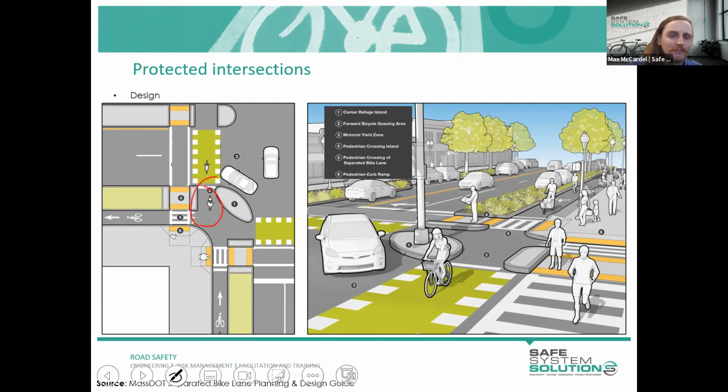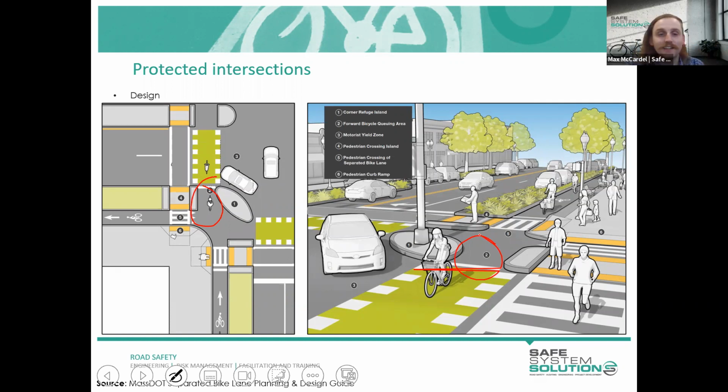The forward bicycle queuing area, number 2, is installed because we need to acknowledge that these are signalized intersections. There are instances where cyclists will have the red light just as general through traffic will have the red light. So we need to provide them with space to store and wait until they have their phase to continue their journey.